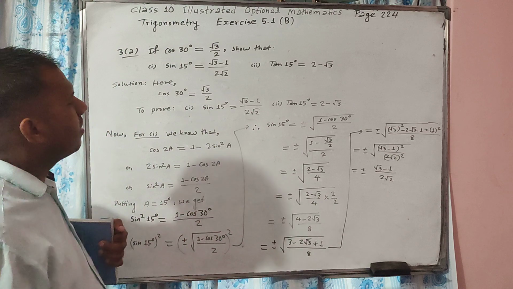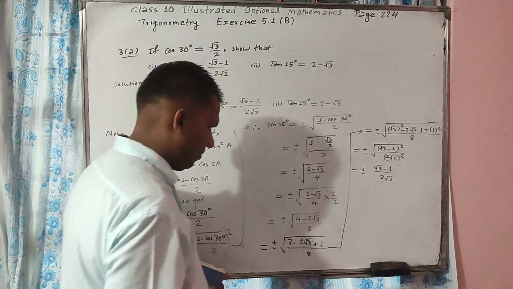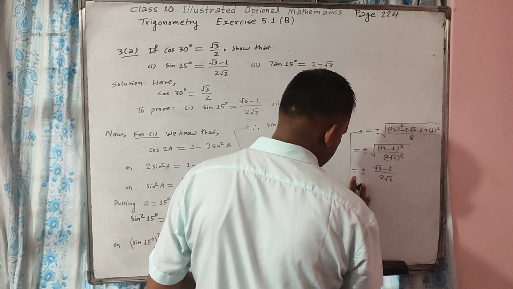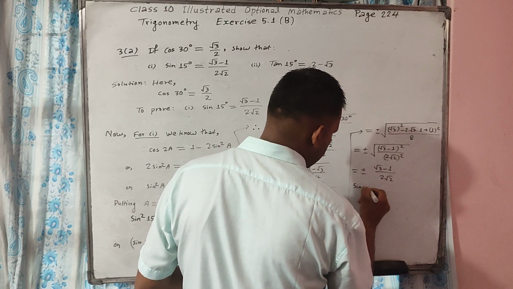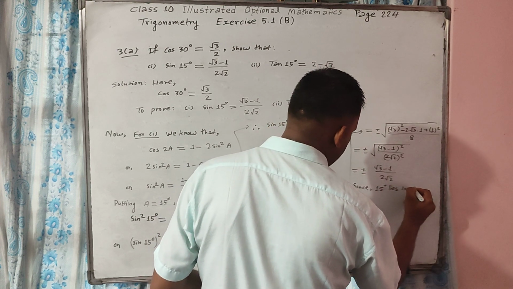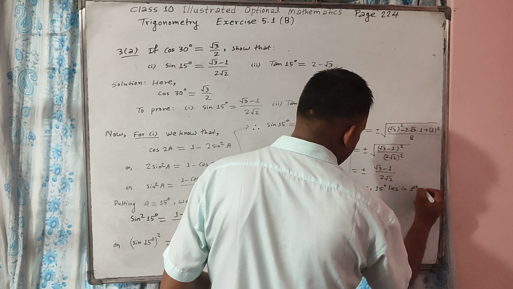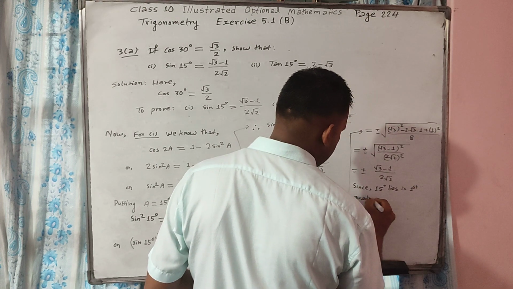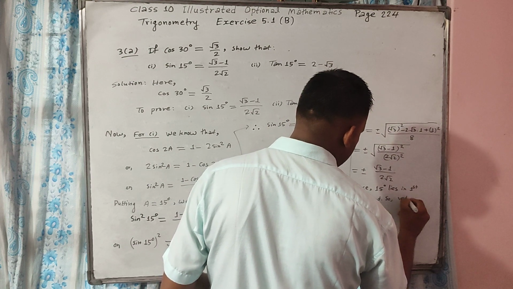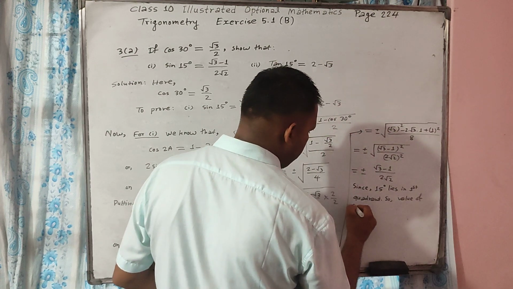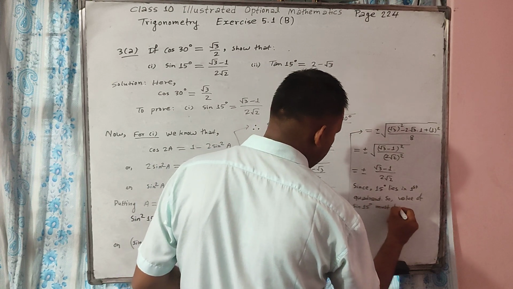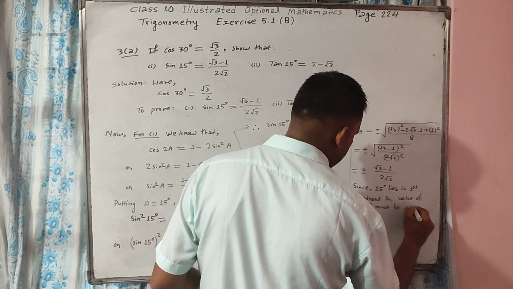Since 15 degree lies in the first quadrant, the value of sin 15 must be positive.